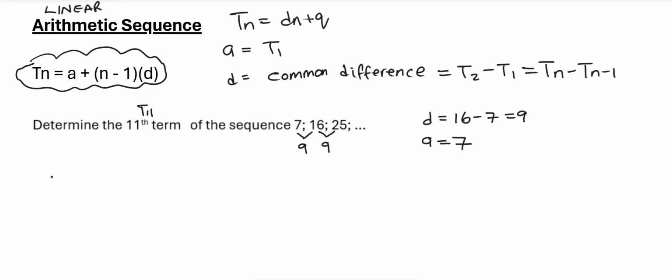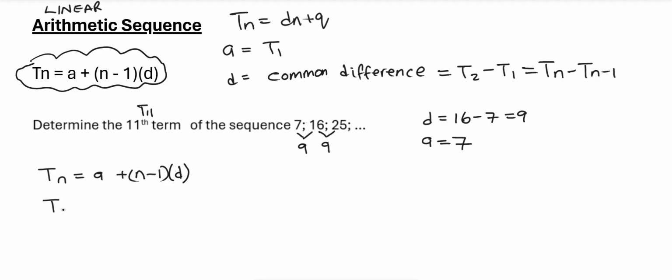So to find the 11th term, we are going to use Tn = a + (n - 1) multiplied by d. Most textbooks and teachers write it like this, but I would prefer that you get used to writing the d in brackets.